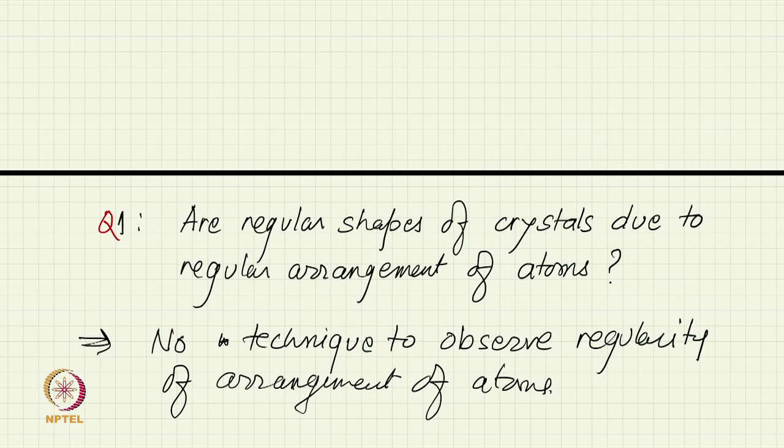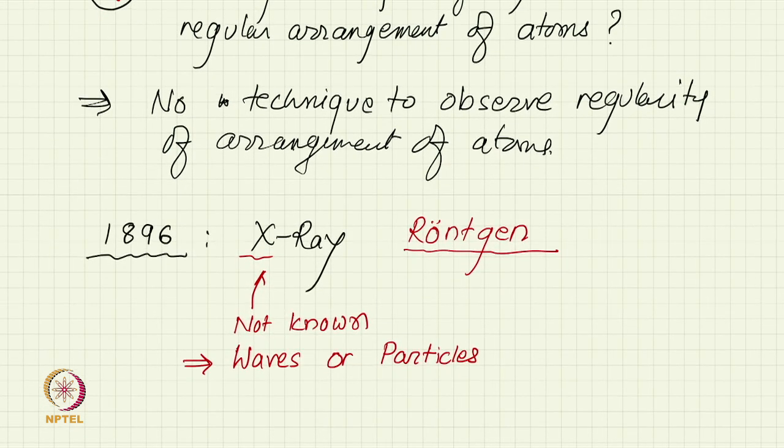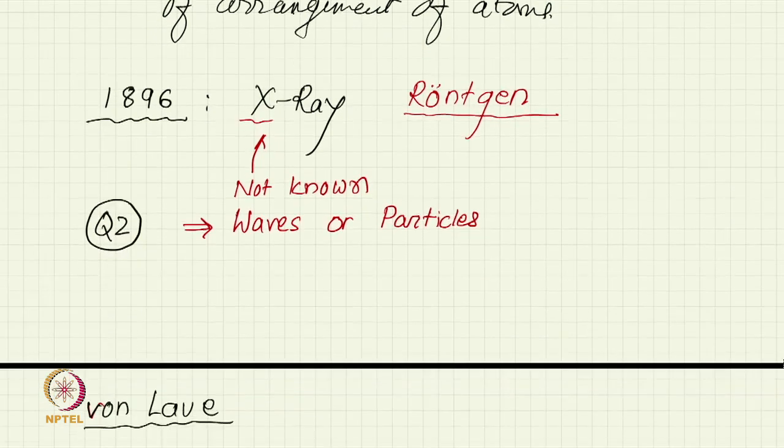Question 1, are regular shapes of crystals due to regular arrangement of atoms? Question 2, are X-rays waves or particles? Totally unrelated questions. But in his mind these two questions came together, and he had a postulate.